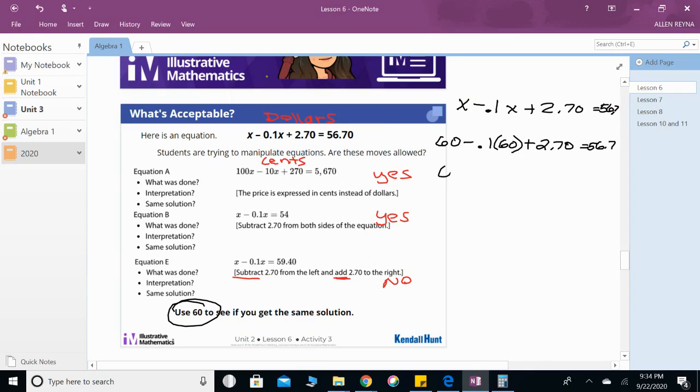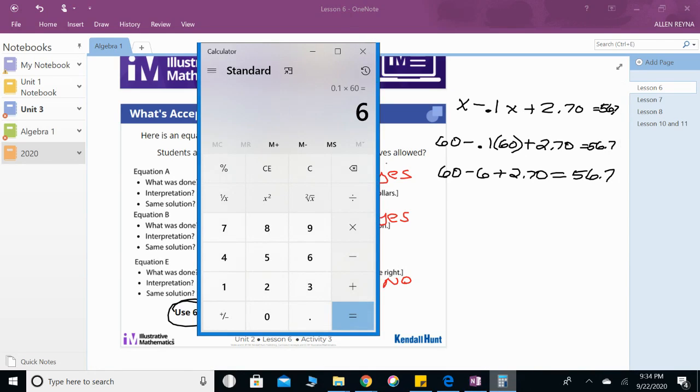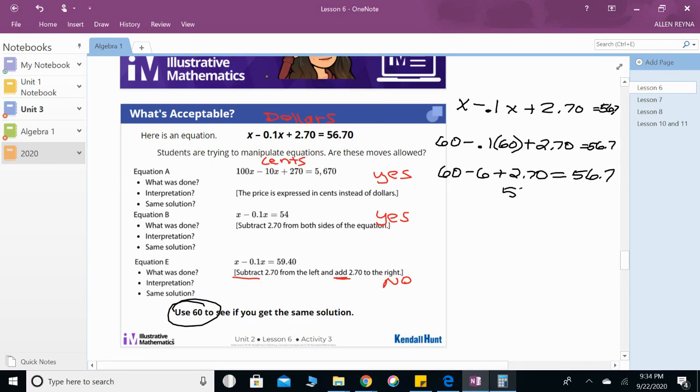So 60 minus 6 plus 2.7 equals, they are the same. 56.7. Okay, so that one's good.